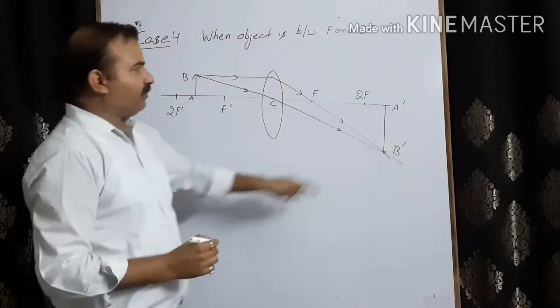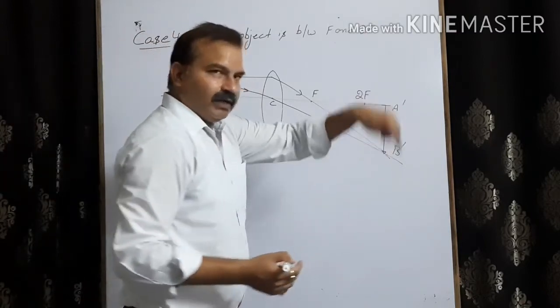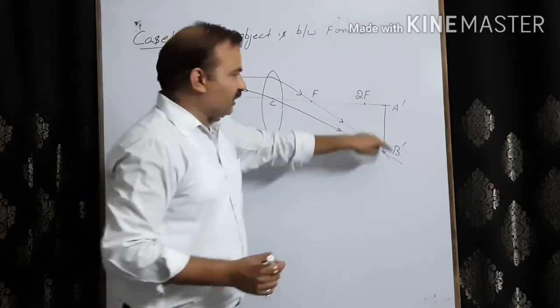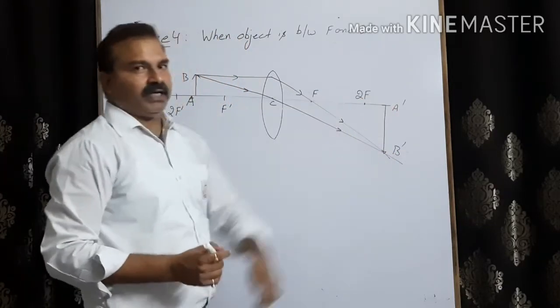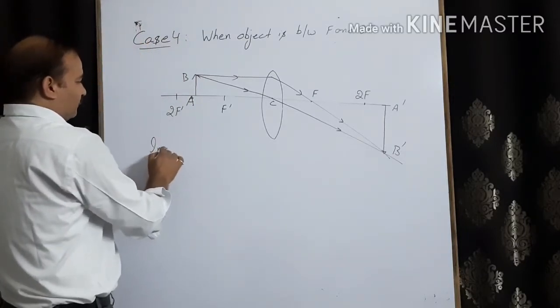AB is the height of an object, A dash B dash is the height of an image, as the image is formed inverted. So where is the image formed?